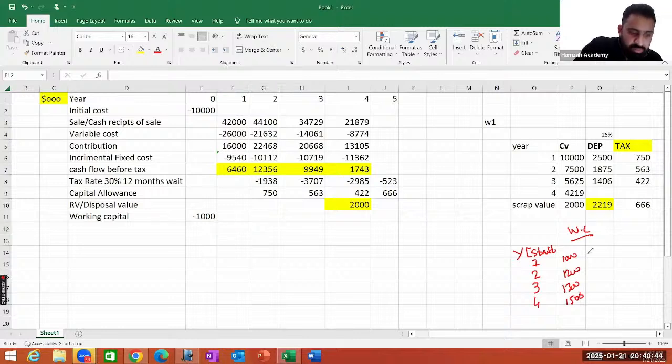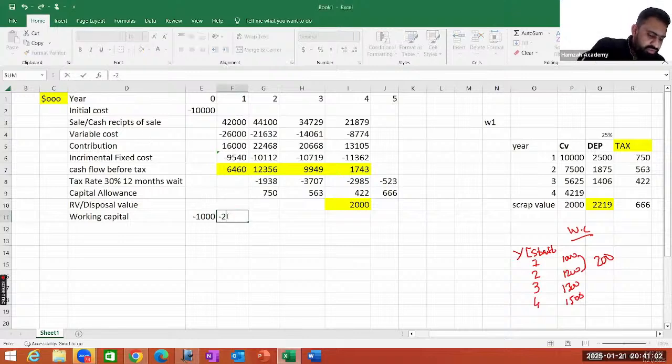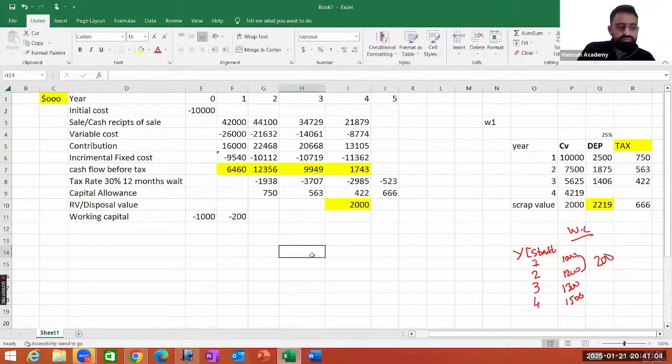But this is the total amount. Basically, working capital is increasing by 200. 1,000 is already invested, so when we say we need 1,200, that means we need a further 200 from the start of year 2. But the start of year 2 will be considered the end of year 1. So it becomes a total of 1,200 in year 2.